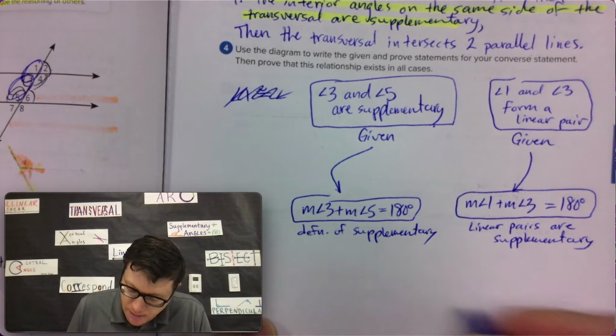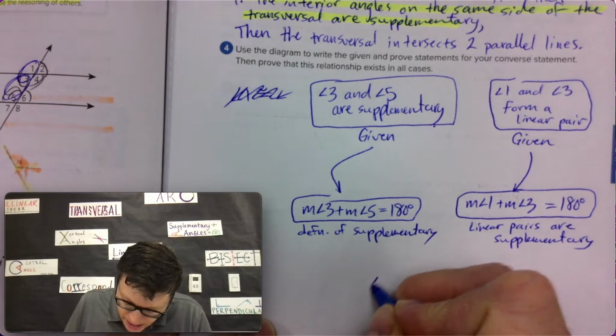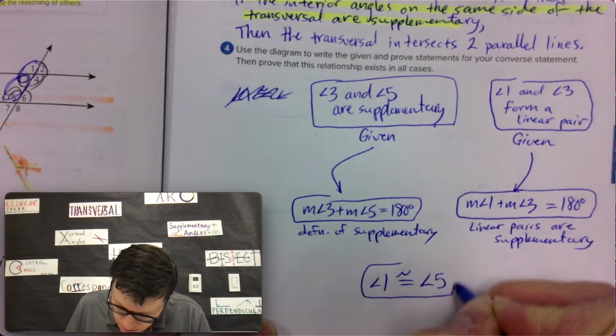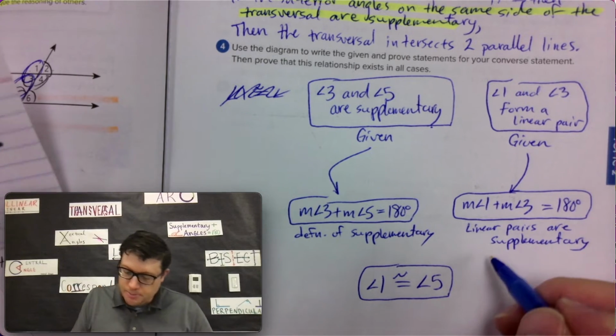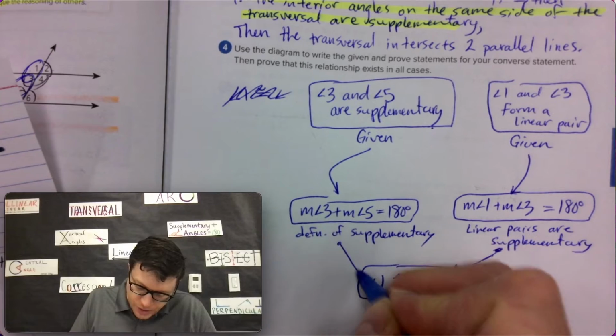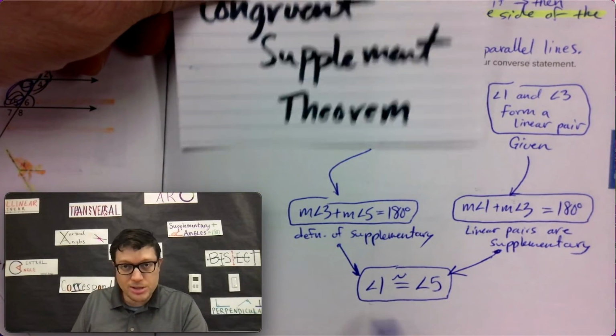So I can just jump through quite a few steps here. I can say angle 1 is congruent to angle 5. Put a box around it. And that's bringing this statement together and then this statement together. And I have to bring in my reason, congruent supplement theorem.